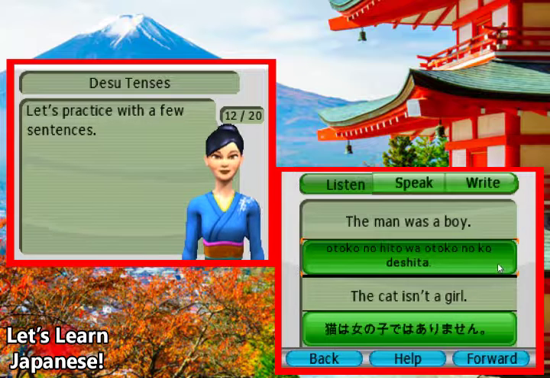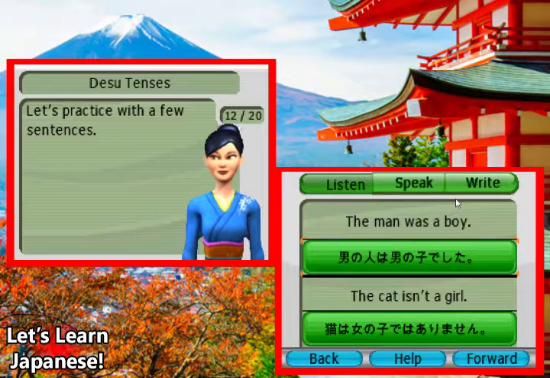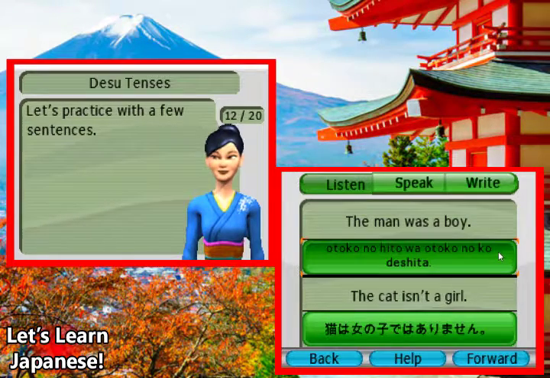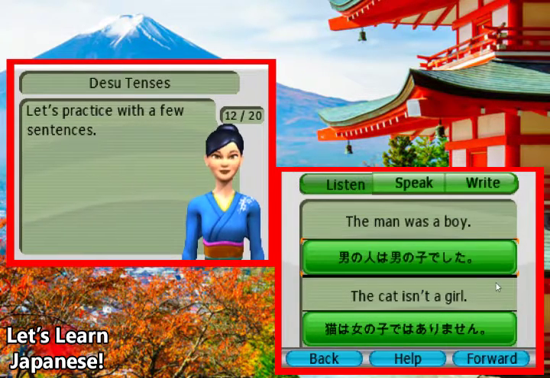I'm putting the syllable emphasis in the wrong places, but otoko no hito wa otoko no ko deshita. 男の人は男の子でした That's what I said. The cat isn't a girl, so then this would be the kanji for neko, for cat.